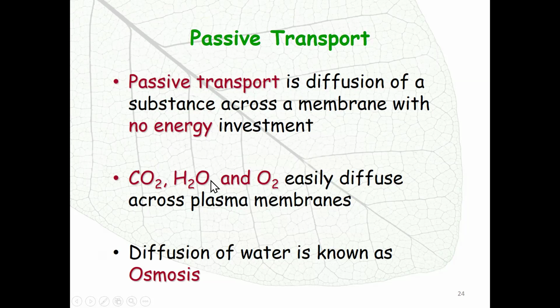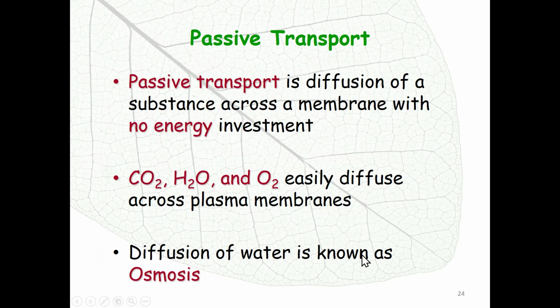So if you are asked which molecules can transport through the plasma membrane without any energy, through passive transport, you can name carbon dioxide, water, and oxygen that can easily cross the membrane without energy. Obviously, proteins are involved in allowing them to enter the cell.